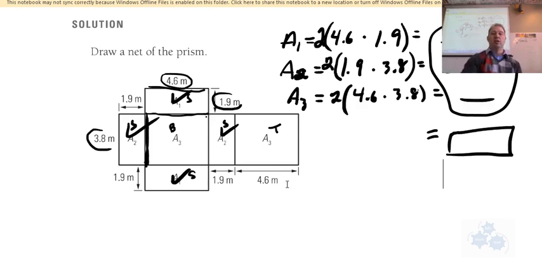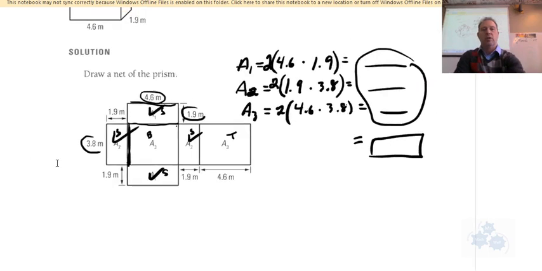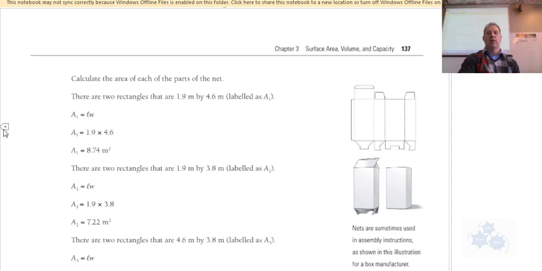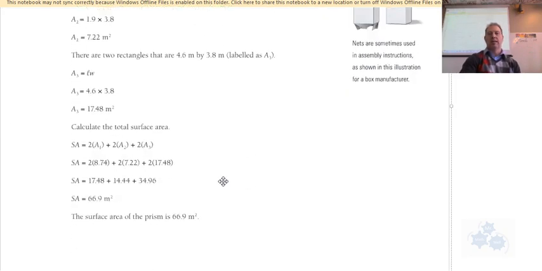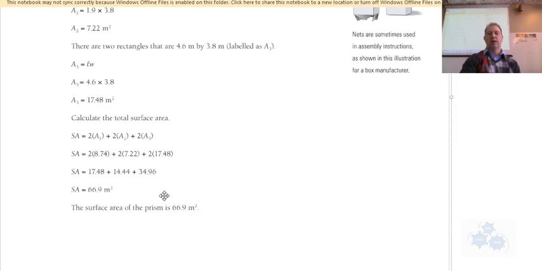Again, I did an example like this already, actually even a more difficult one, so that's why I'm not doing the whole thing here. But what you can do is look at the solution to this, and they tell you this is what we should get for an answer. See, 2 area 1s plus 2 area 2s plus 2 area 3s would give us this as an answer.